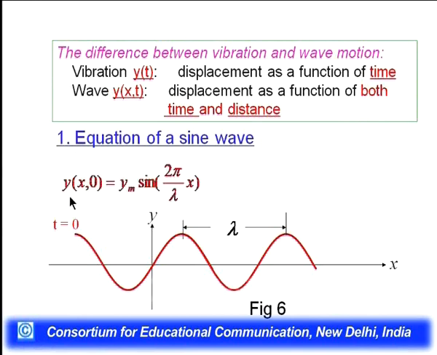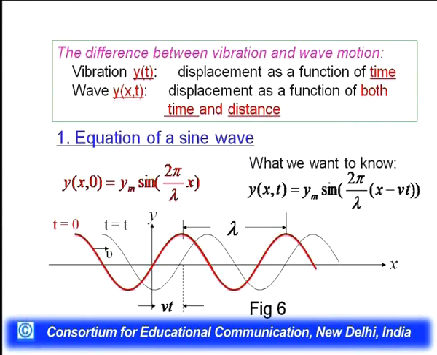For this we write an equation y(x, t). Here in place of t we write 0, because the time is equal to 0. Then this equation will be y_m sin(2 pi by lambda times x), where x is the distance, lambda is the wavelength, and y_m is the amplitude.